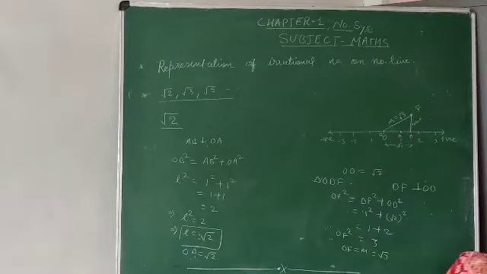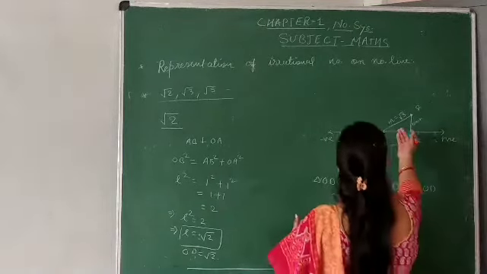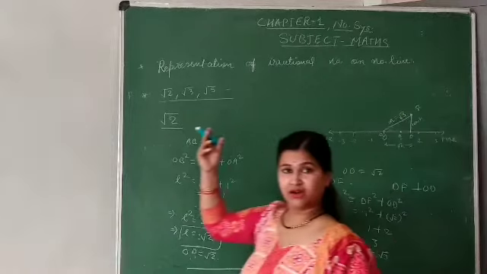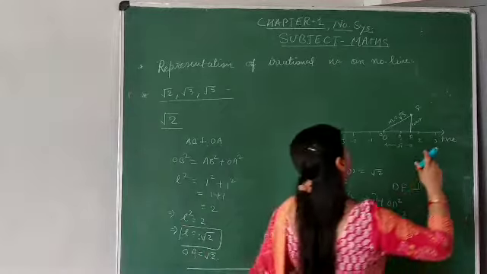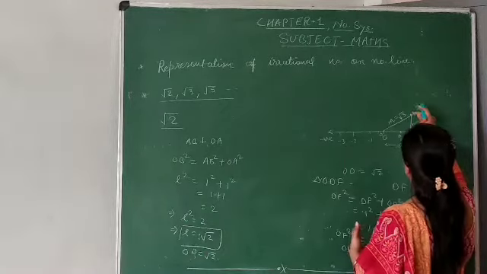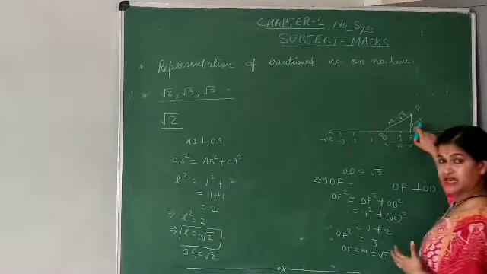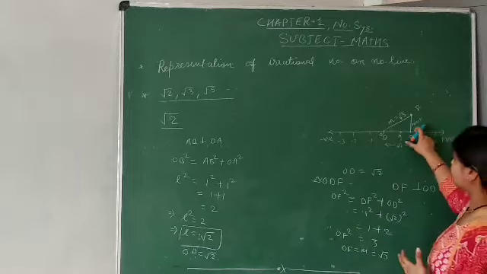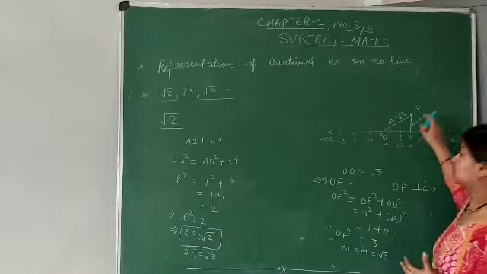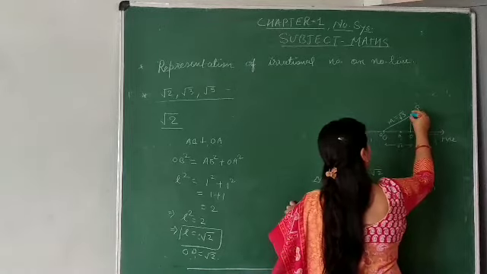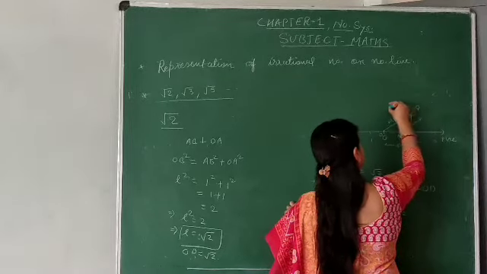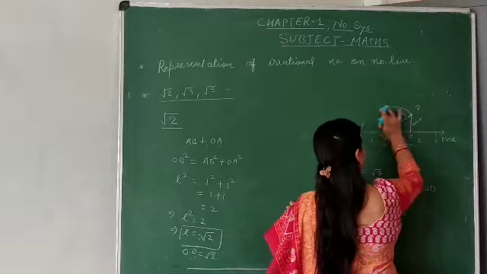How do we represent this on the number line? We take a circle of radius root 3, that is OF. We draw a circle, the boundary of the circle cuts the number line at a point. That distance is root 3. So हमने OF radius का एक सर्किल फिर से ड्रॉ किया.